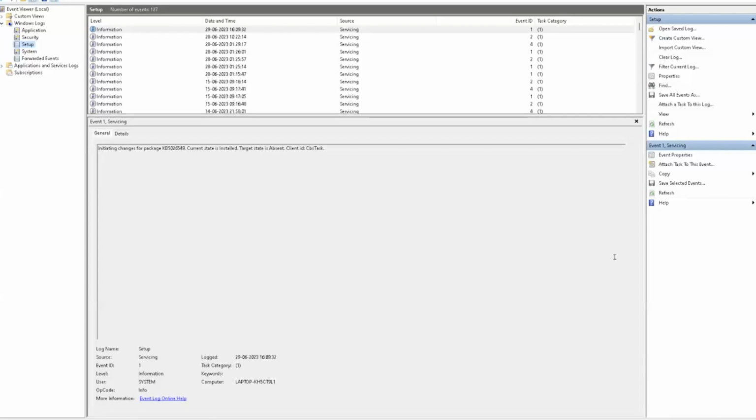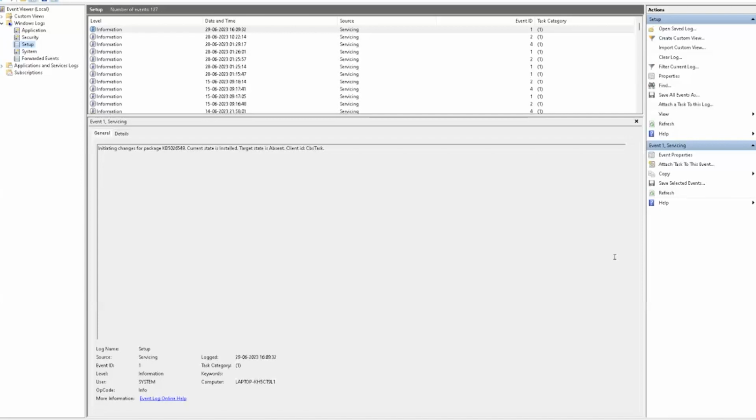These setup events capture the configuration changes, the installation of the necessary components, and the other actions required to set up the system for use. That is what we have inside the setup event.